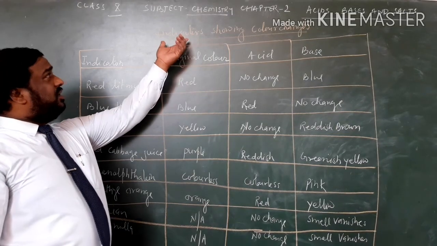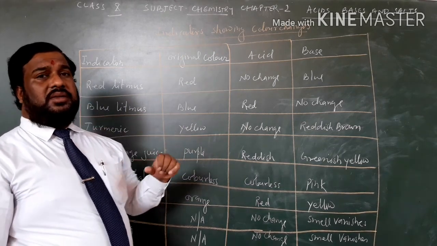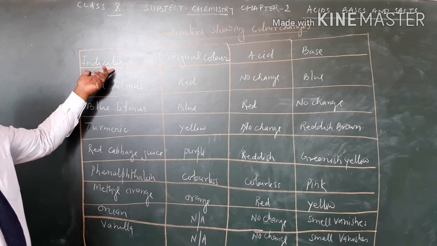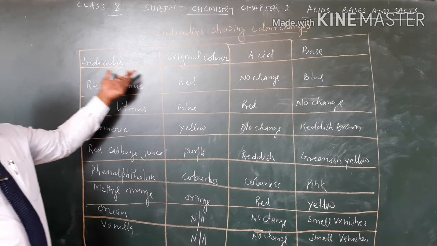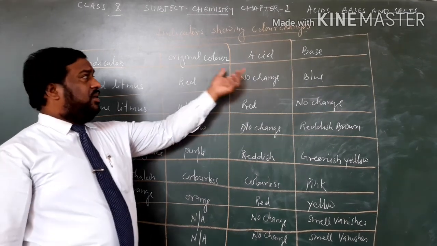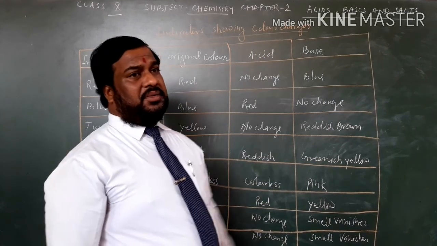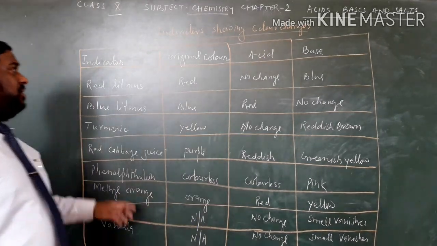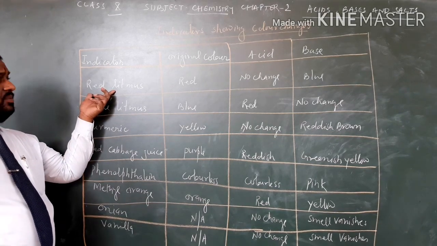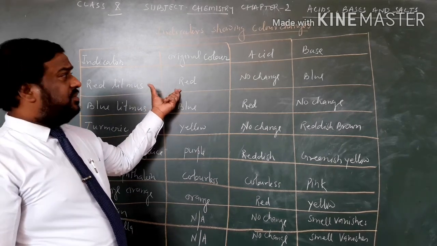Now here certain indicators show color change. In this table, first is the name of the indicator, then their original color, color in acid, and color in base. So student, red litmus: its original color is red.